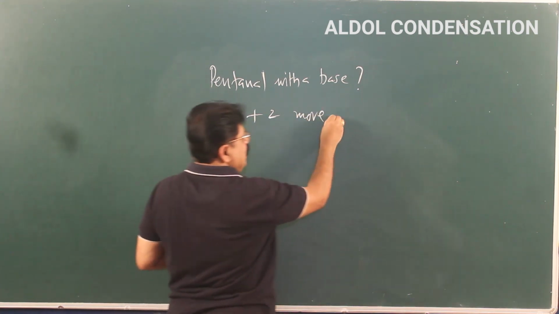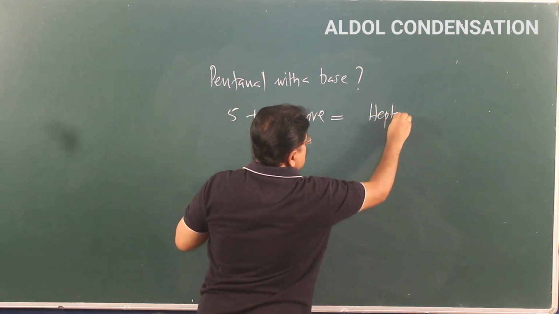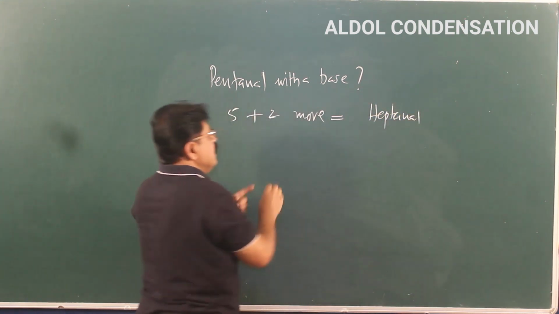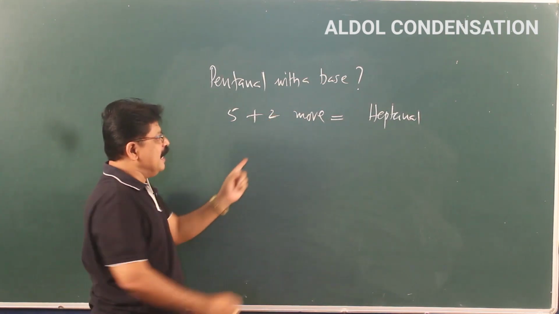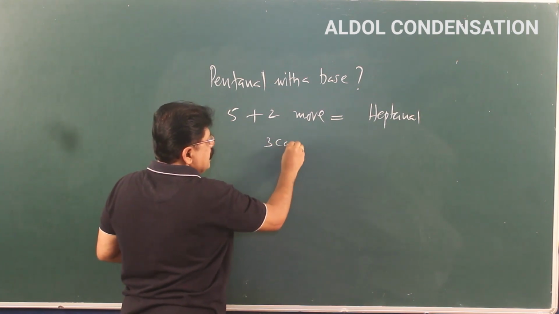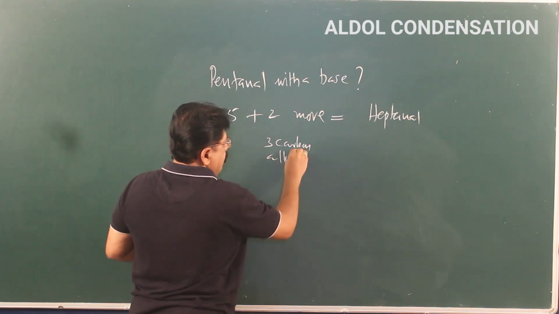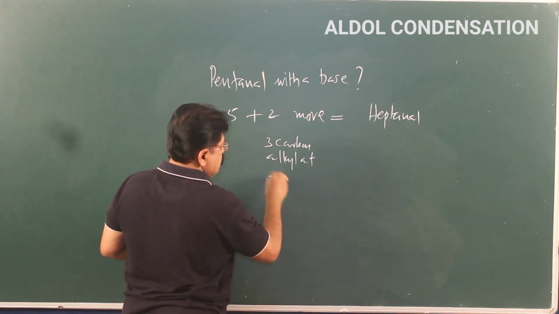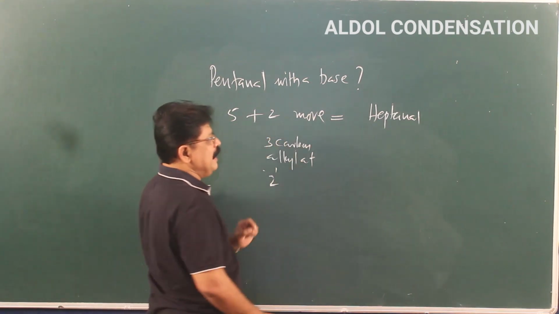So the chain will be heptanal. Here we have only talked about 2 carbons. The 3 carbons will go as a side chain. So it will be heptanal.